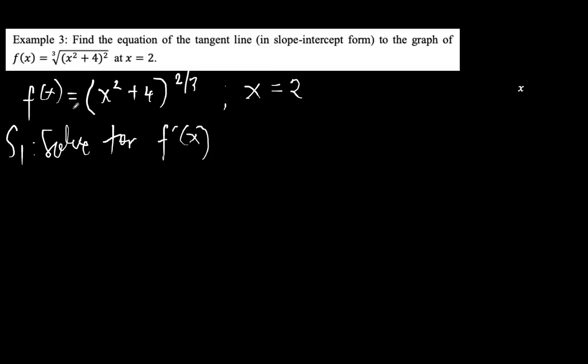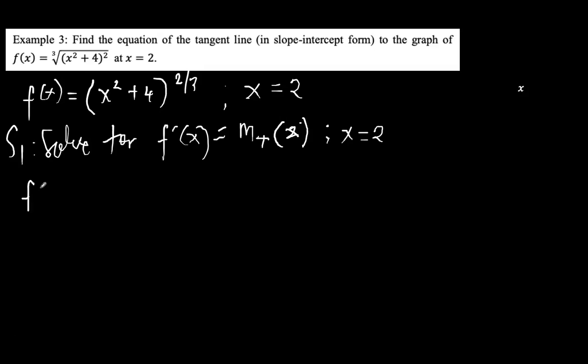Once we solve for the derivative of the given function, we are solving for the slope of the tangent line, correct? And our x here should be at 2. So let's differentiate the function f.